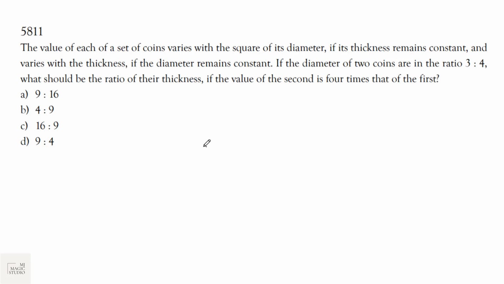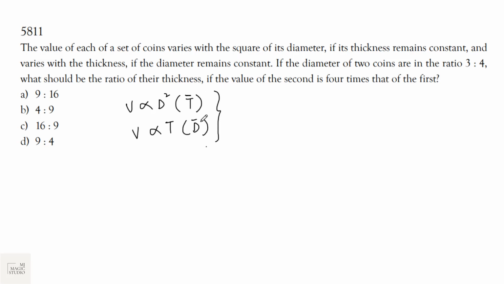That's again a very interesting question from joint variation. The value of each of a set of coins varies as square of its diameter if its thickness remains constant, and it varies with the thickness if diameter remains constant.